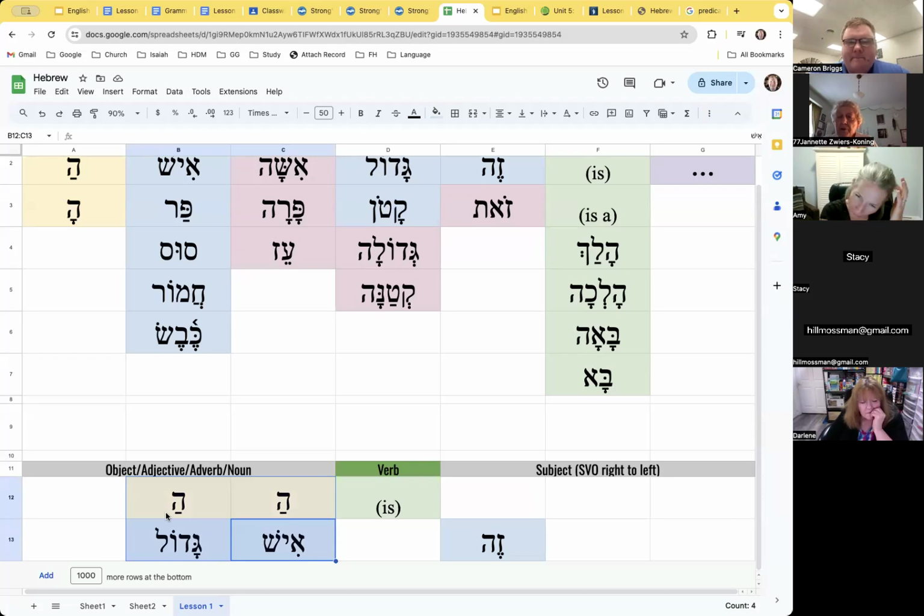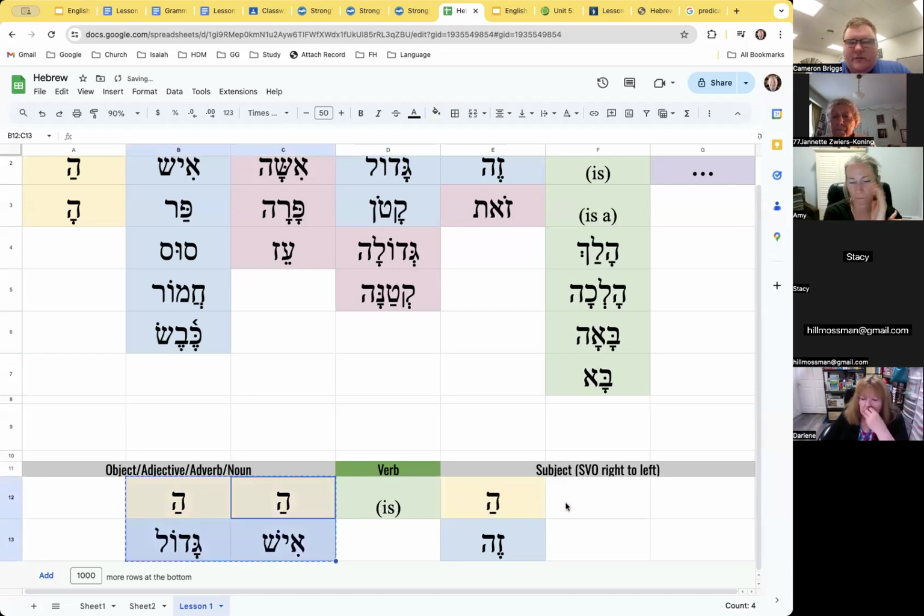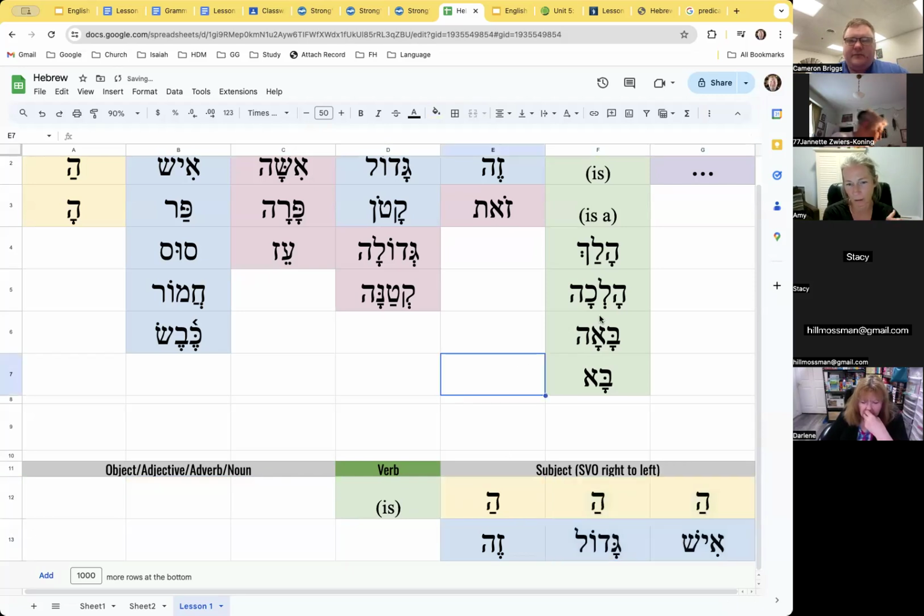So we haven't done a lot of verbs yet. This one is just implied, but would it be the same case if you inserted some of these other verbs, like halach or ba'a? Yep, exactly, whatever the verb is, you would structure it this way.